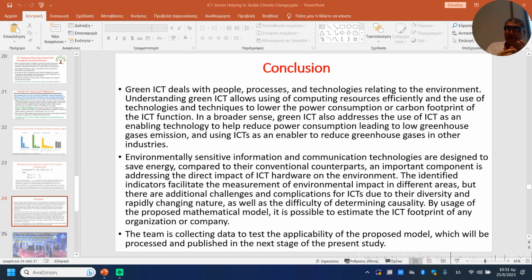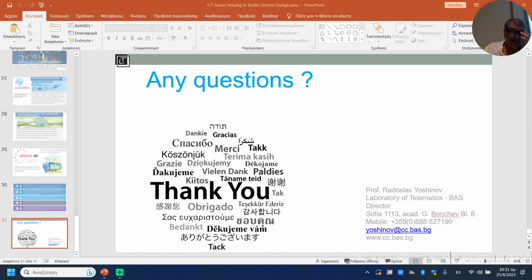They are rare metals, things which are very heavy, they have to be properly wasted, properly operated, otherwise they give very big pollution to the earth, the climate. And this is in general what the paper is about. If you have any questions, I'm ready to answer.